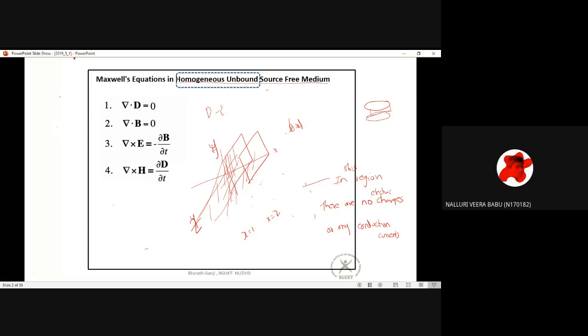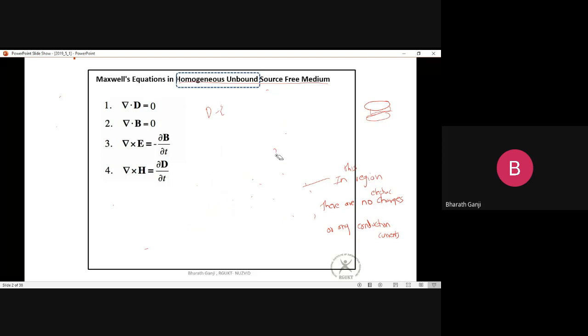Yeah. So if I take such a scenario, mathematically let us try to solve these equations. From the first one, we have b is equal to mu into h and d is equal to epsilon into e. Using these equations, if I take divergence on both sides for the first equation, divergence of b bar is nothing but divergence of mu into h.